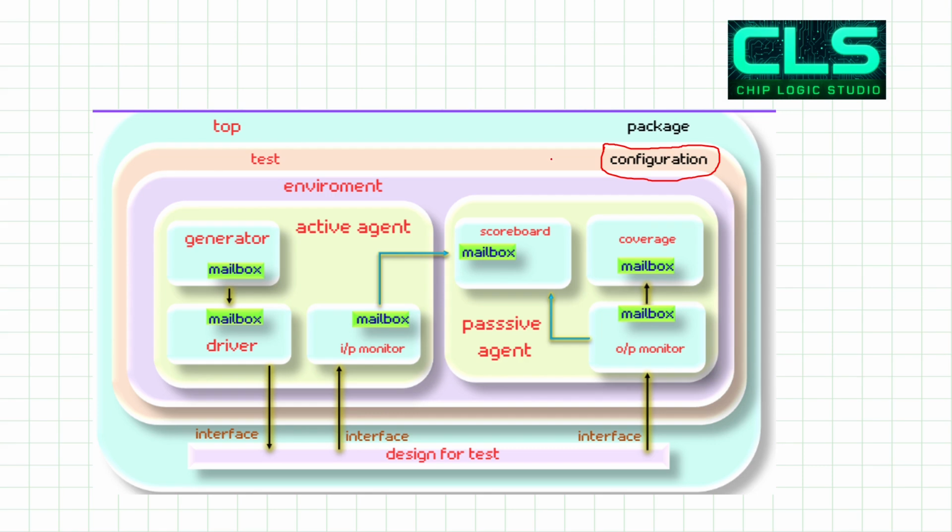In the configuration class, let's say there are two monitors, like here it is an output monitor and here is an input monitor, and as there is an input monitor and an output monitor, there can be multiple agents, like an active agent, here it is a passive agent, there can be another passive agent.